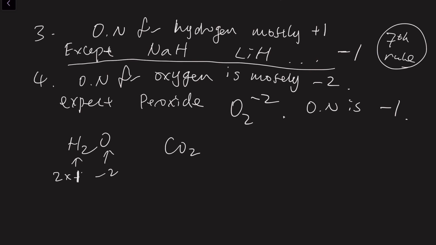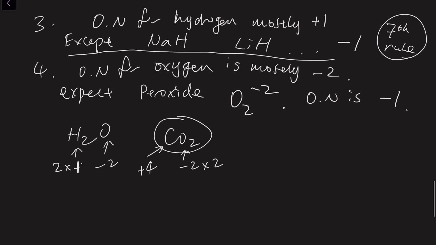Carbon dioxide, oxidation number for oxygen is -2, and we have 2 of them. To balance the charge, since this is overall neutral, we need +4 as the oxidation number for carbon.